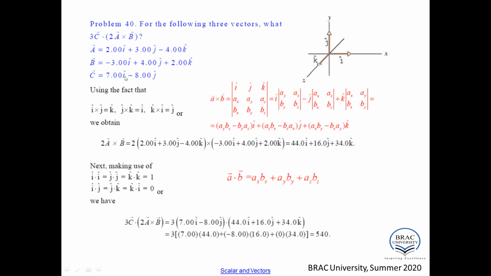So 3C is 3 into 7i minus 3 into 8j, and 2A is 2 into 2i plus 2 into 3j minus 2 into 4k.